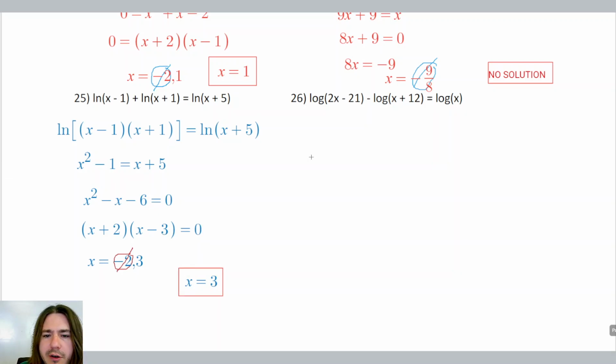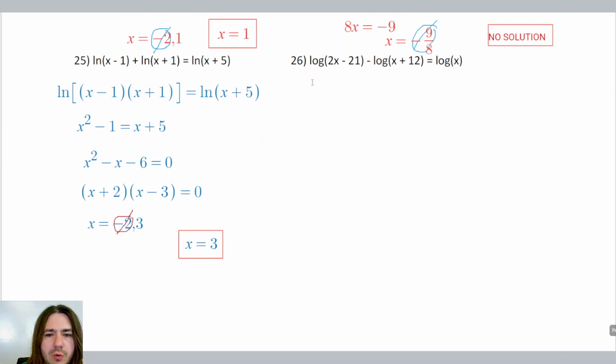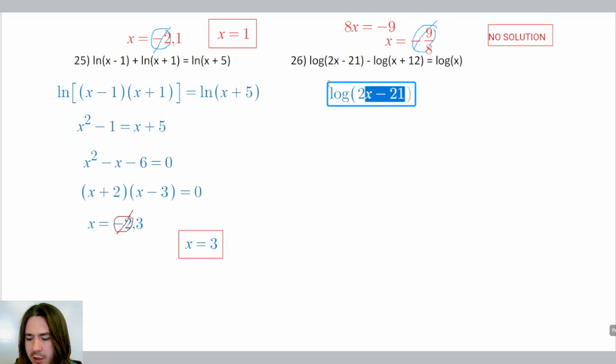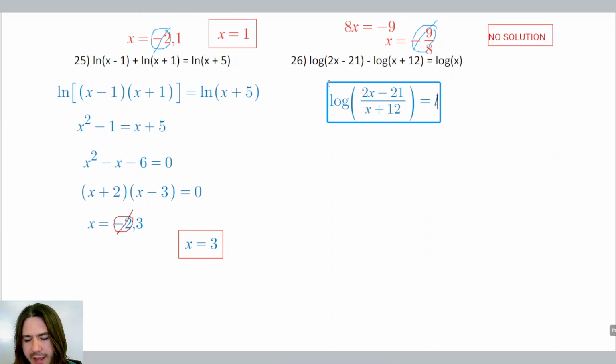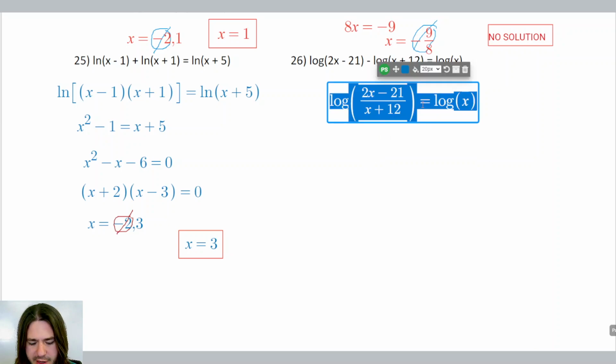Last problem here, number 26. I'm going to use the quotient property, and so I get log of 2x minus 21 all over x plus 12 equals log x. At this point, I can drop both of the common logs.